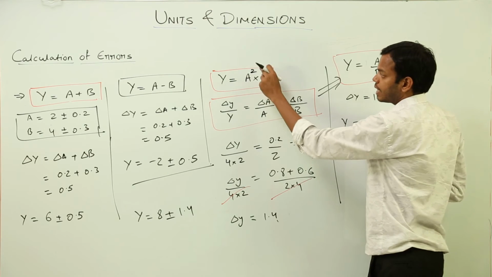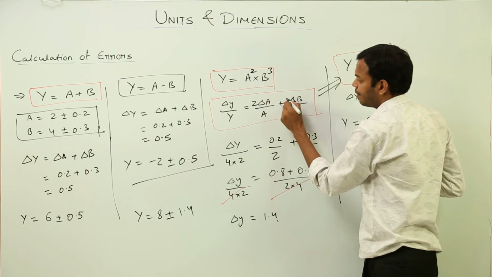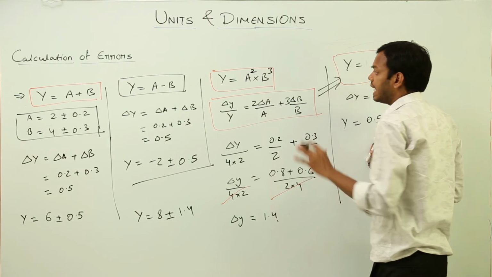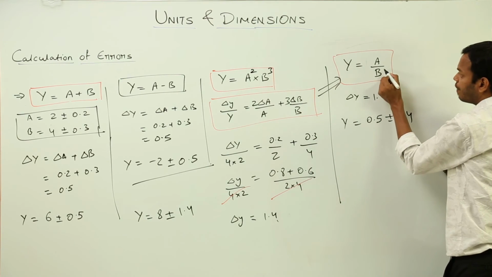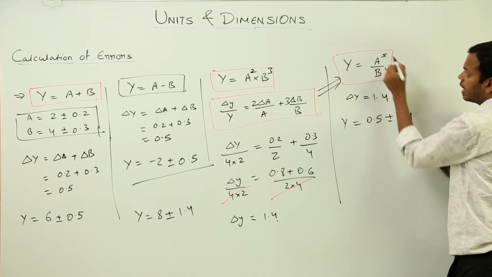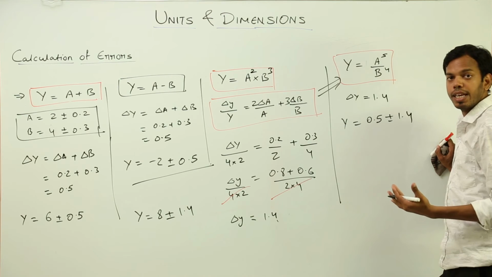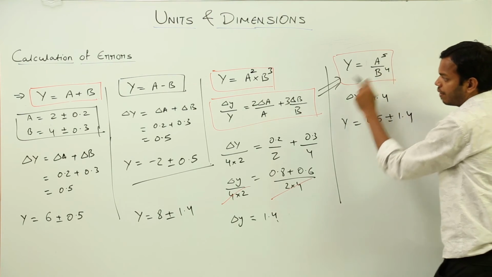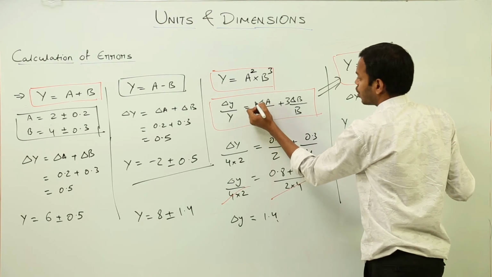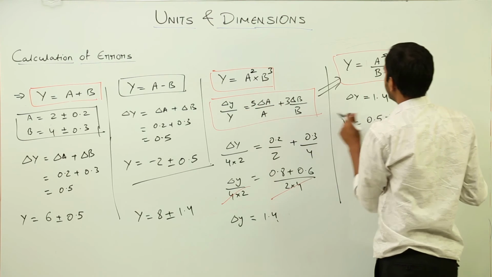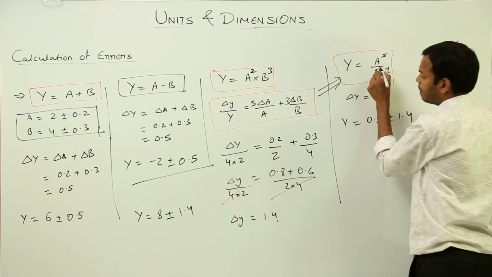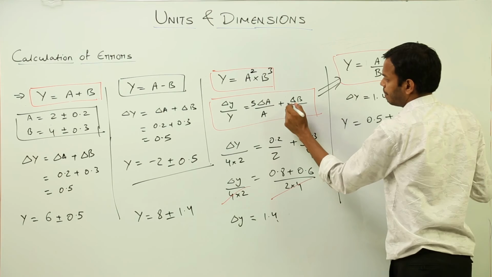That means this 2 will be here and this 3 will be here. Simple. Even if it is a case of division, let us say this is 4 a raised to power 5 divided by b raised to power 4, this 5 will be in front of a and this 4 will be in front of the b.